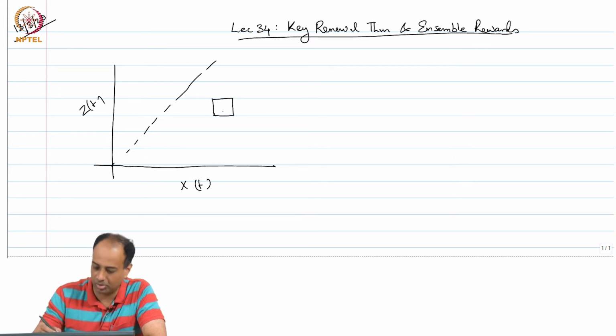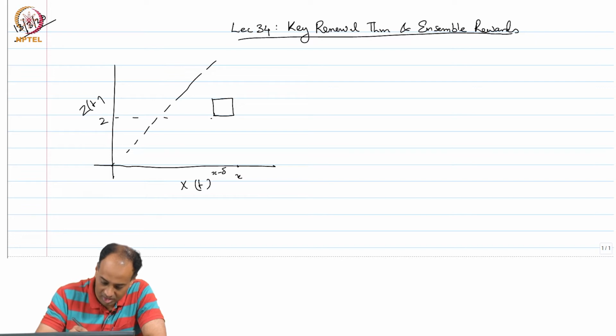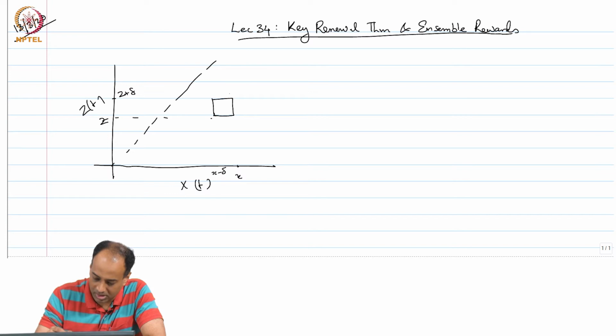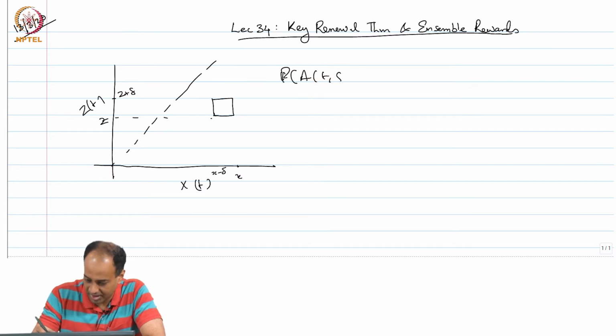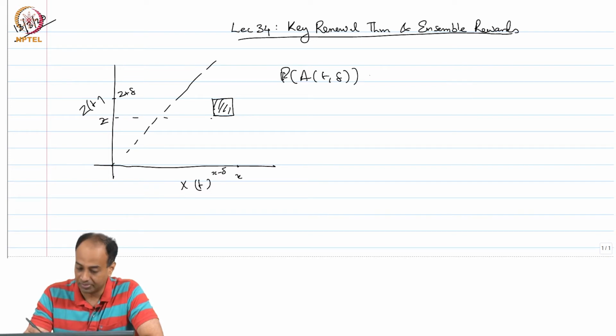essentially the probability, if you put a square at x, x minus delta, and this is z plus delta. So, this I said is the probability P(t, delta), the probability that your duration and age jointly lie in the square.